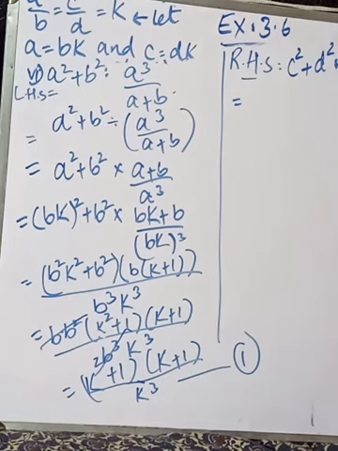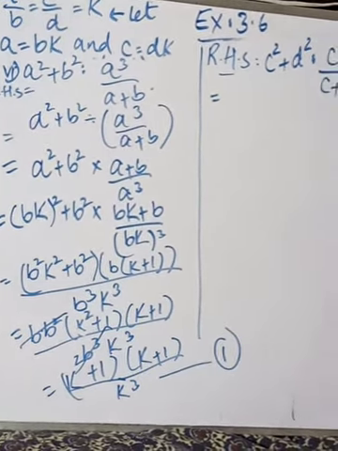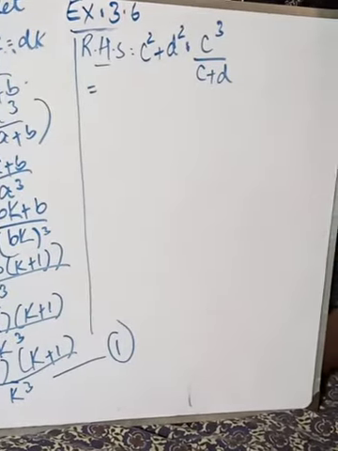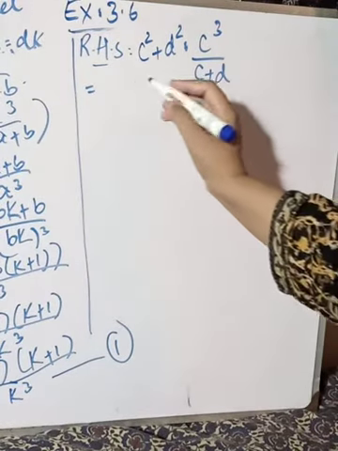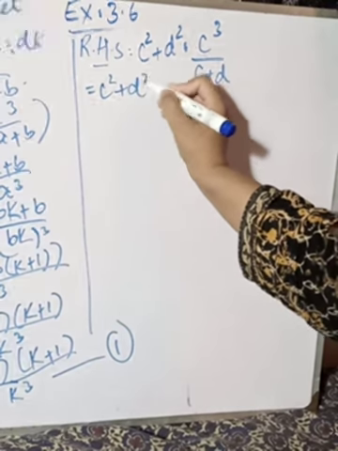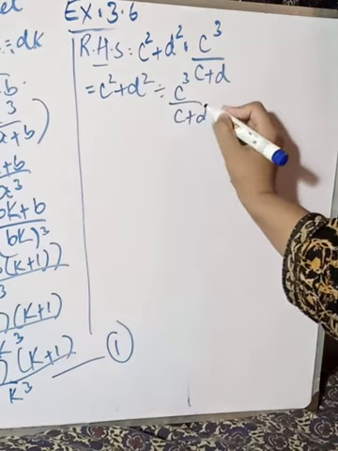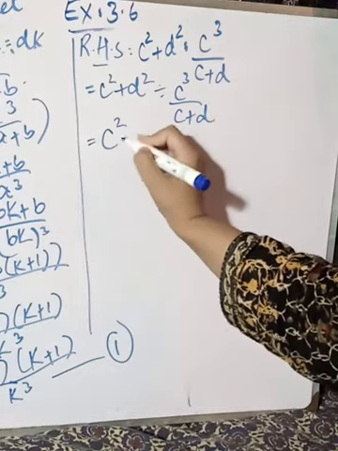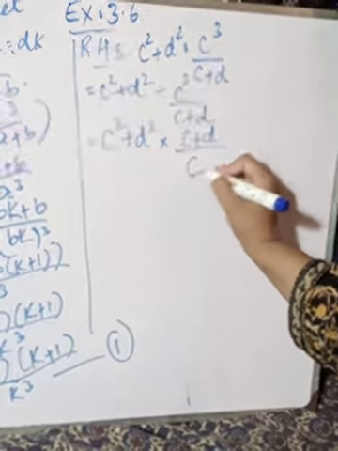In the question, on the same lines, first write it in the form of a division like that. It's c square plus d square divided by c cube divided by c plus d. So c square plus d square multiplied by c plus d divided by c cube.